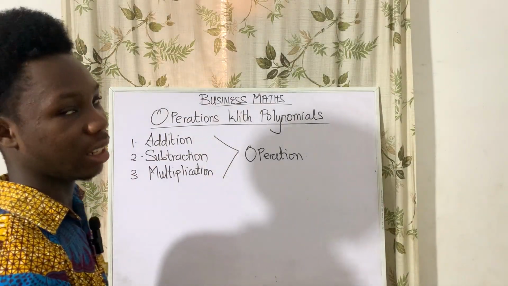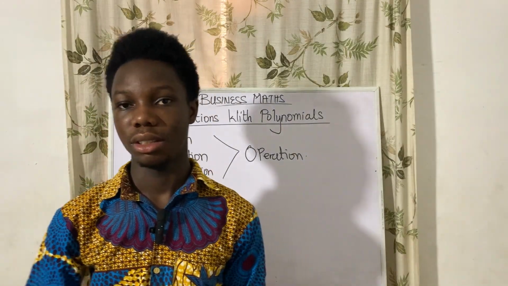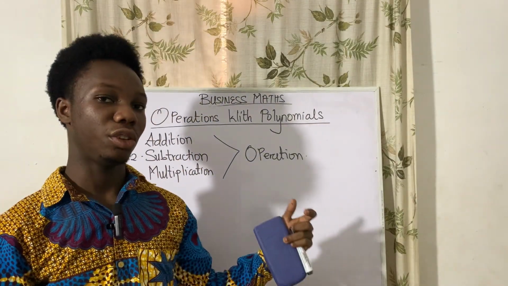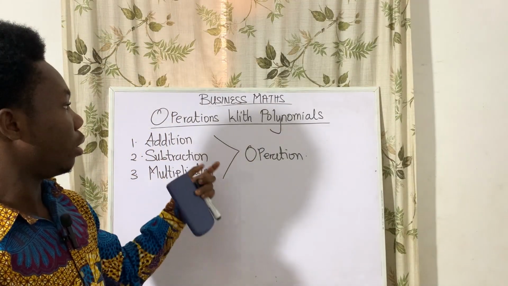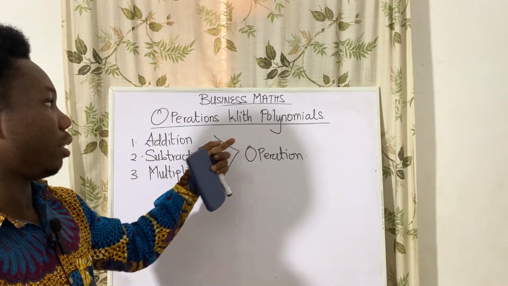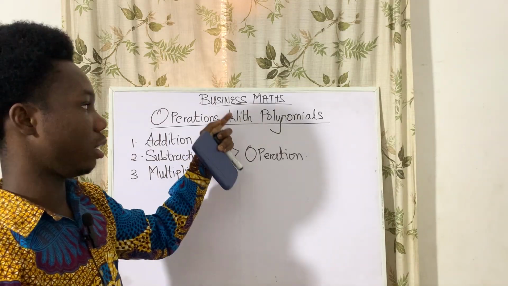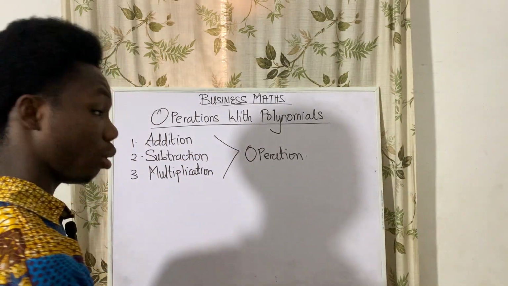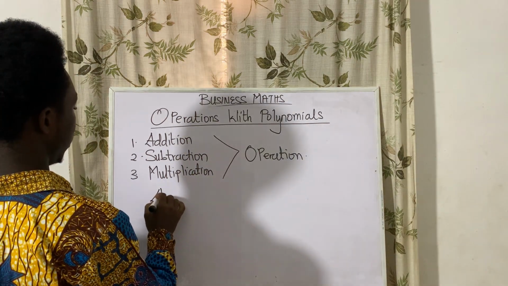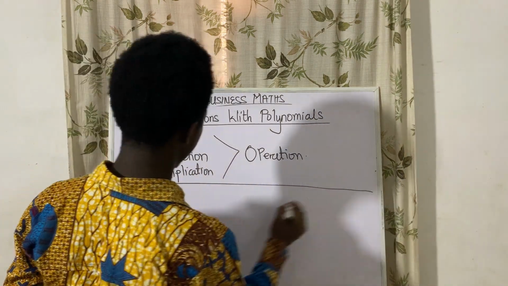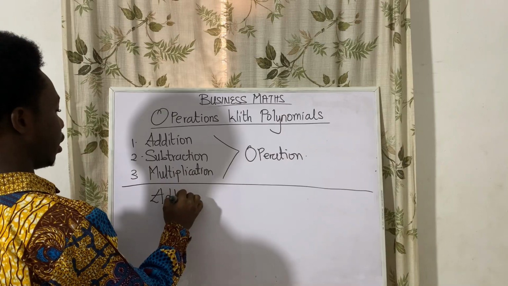So we'll start with addition. Let's solve an example on the addition operation of polynomials. Let me divide the board. So this is the addition.